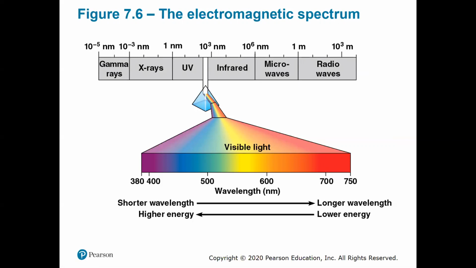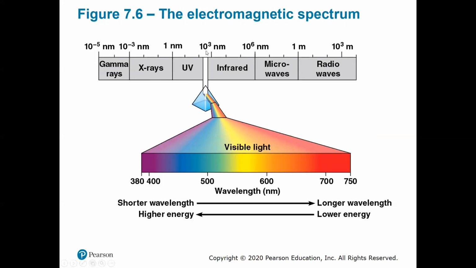So radio waves are not as harmful. The larger the wave, the less harmful. The smaller the wave, though, gamma rays are very dangerous and deadly to organic life. It's UV light, for example, that causes our sunburns. So the smaller you get, the more damaging they can be.